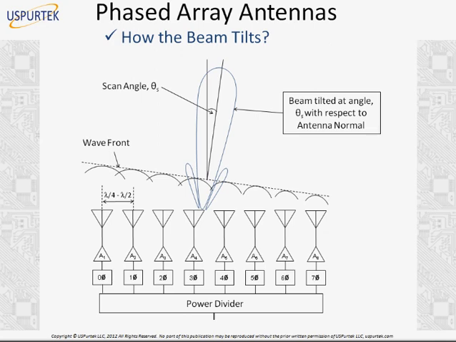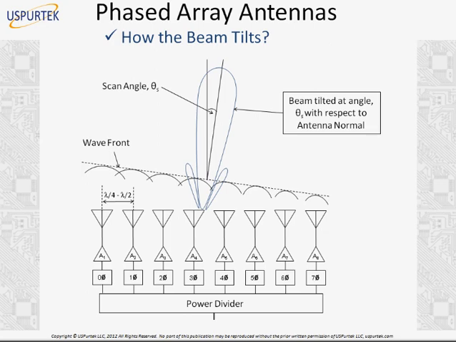Now you see how the beam tilts in a phased array. The beam tilts in the direction of the maximum phase delay. The rightmost element here has the maximum phase delay, so the wavefront is slow to transmit. And the first element on the leftmost side has no phase delay; it's 0 phi.